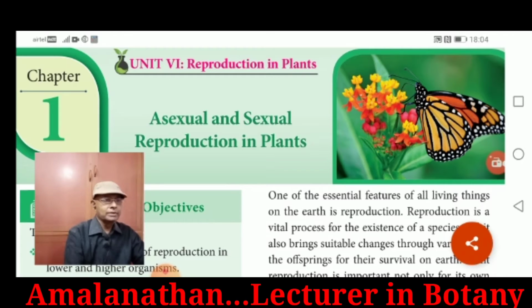The lower ends of the stem should be dipped in dilute auxin for several minutes before planting in the soil for rooting. So, for quick rooting, if you dip the cut end of the stem in the diluted auxin, that will be best. So that is the cutting.